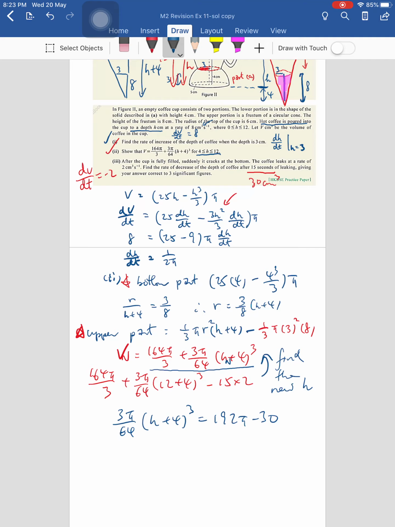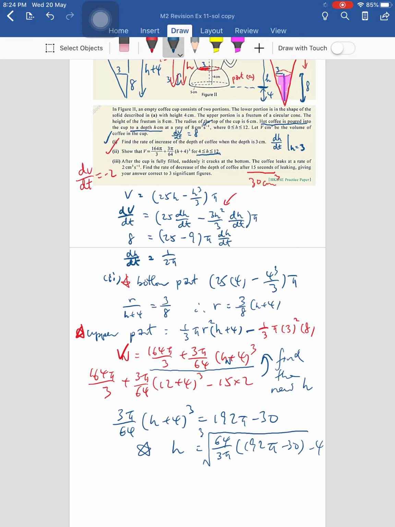So you can find out the h by taking cube roots, which is 64 over 3 pi times 192 pi minus 30, taking the cube roots, okay, minus 4. This is the new h.